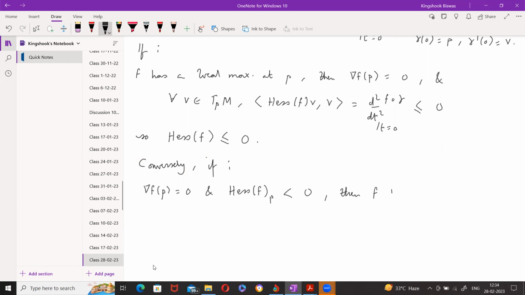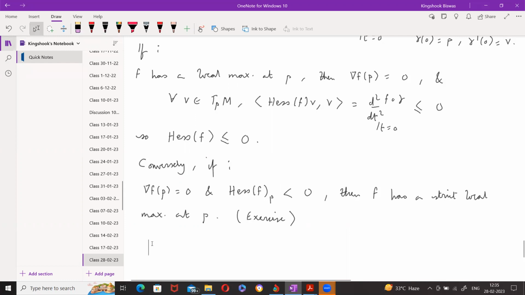So try and prove this as an exercise. This is just like what we proved in Rn. Is this clear? Okay, so try and prove this. So that's about the Hessian.